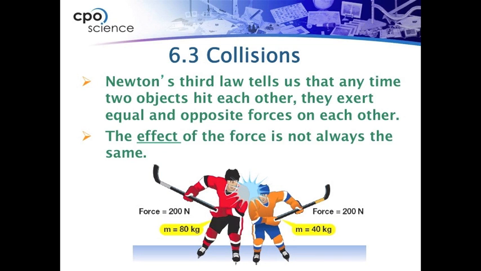So we know because of his third law that any time two objects are interacting, or if they hit each other, they're going to exert the same exact amount of force on one another, except one puts force in one direction and the other puts force in the exact opposite direction. And the effect of the force is not always the same.